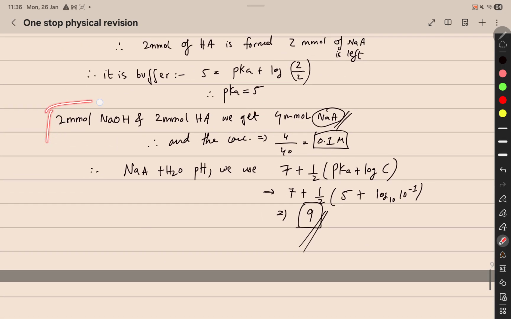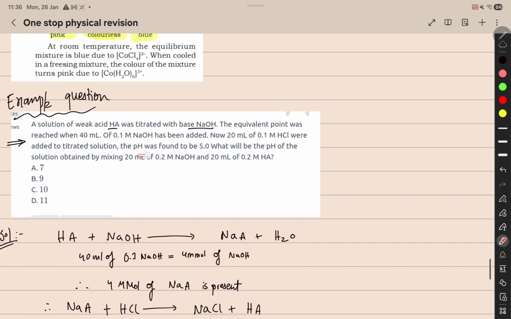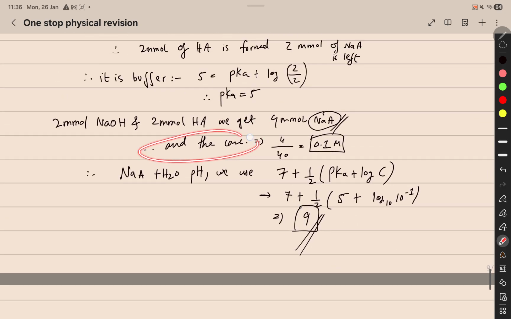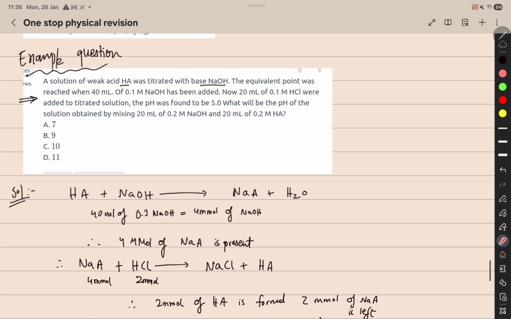Now read the second part of the question, which says you have to find the pH of this solution. You can react these two, and they will obviously give 4 millimoles of NaA. This is supposed to be 4, let me change it, because they have given 0.2 M and 20 ml, so 0.2 into 20 is equal to 4.